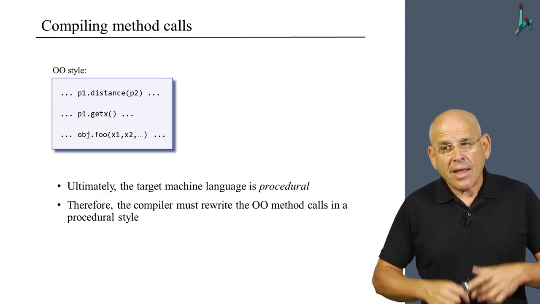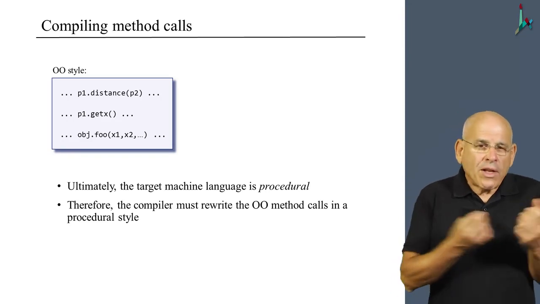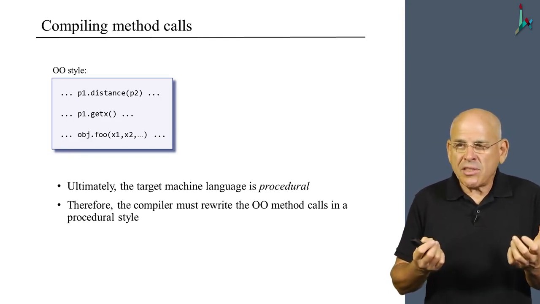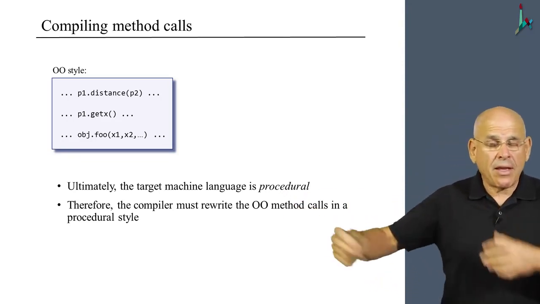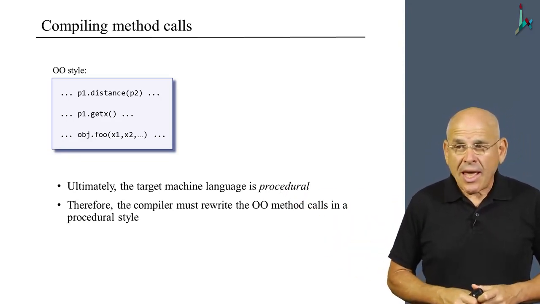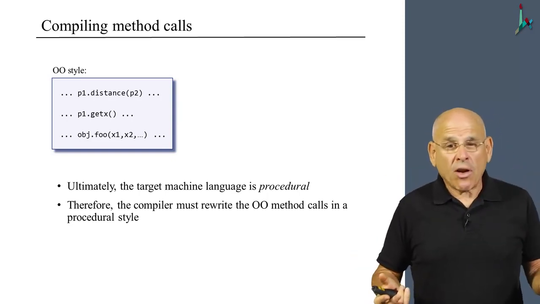However, when you write a compiler, you're going to translate all these calls into some procedural language, like the VM language or ultimately machine language. And these languages don't understand what objects are all about.